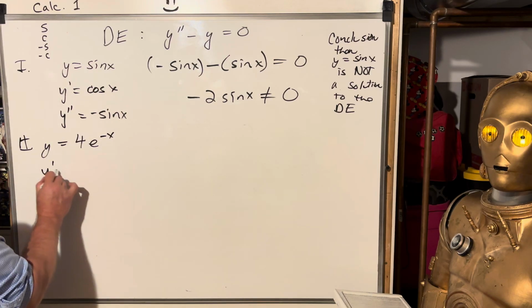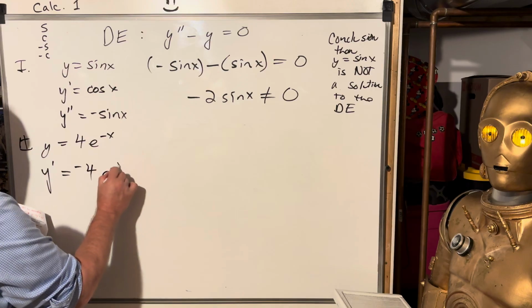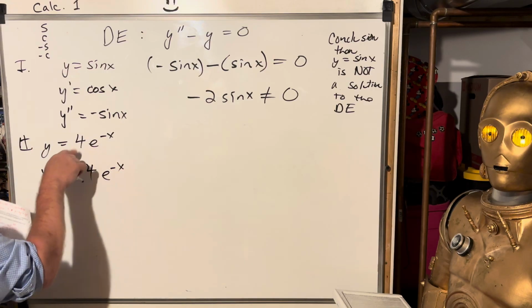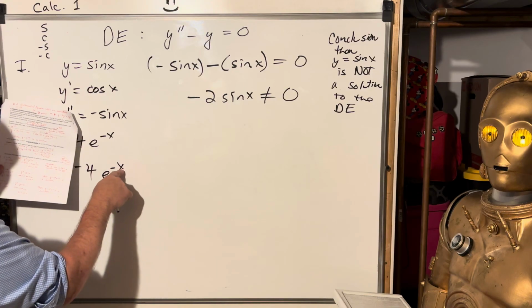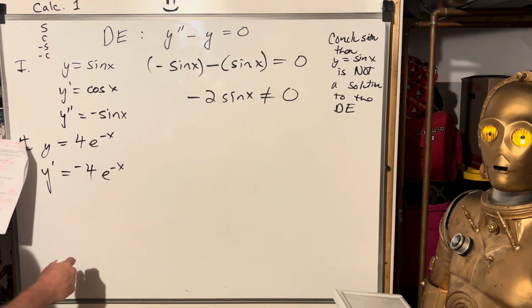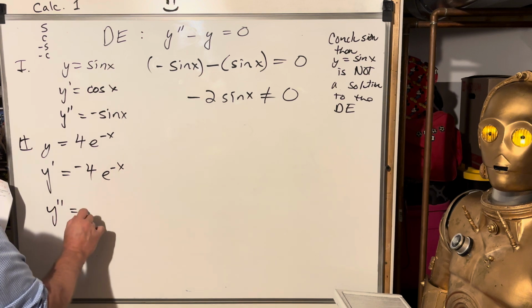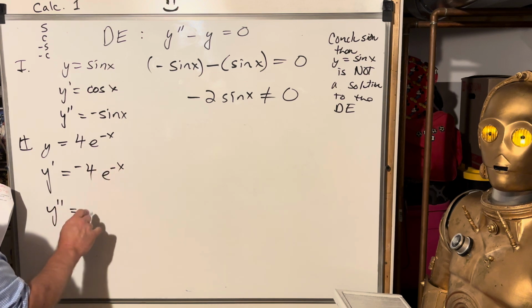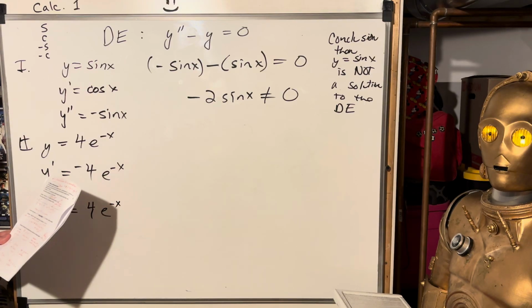All right, so y prime is equal to negative 4e to the negative x, because remember the 4 is out front, you do the derivative, and the derivative of that exponent is negative 1, so that's where the negative came from. And then y double prime is, again, the same situation, but it's just going to flip back to positive 4e to the negative x.